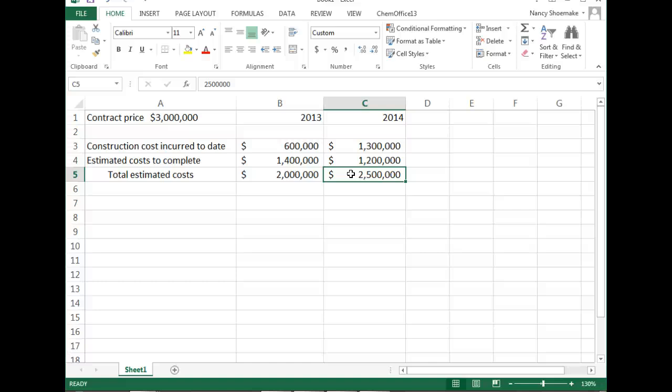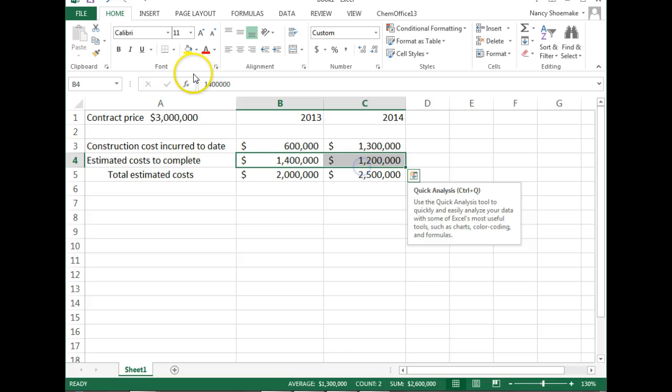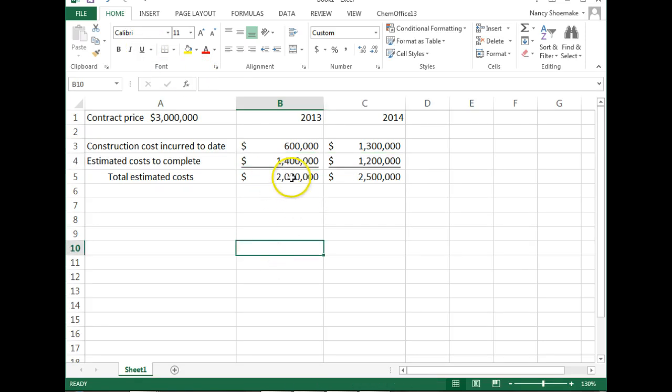Okay, because you're adding them together. Look at the costs incurred in each year. In 2013, we incurred $600,000 in costs. And then it tells us that we estimate 1,400,000 more in costs, which gives us the 2 million estimated costs here.